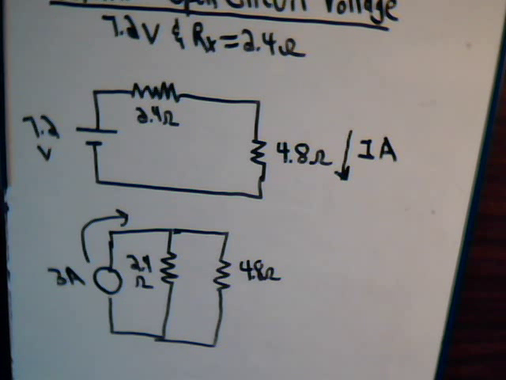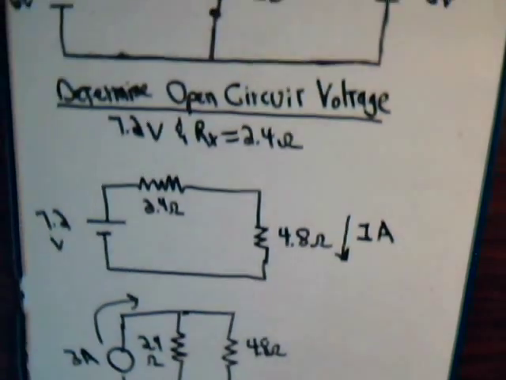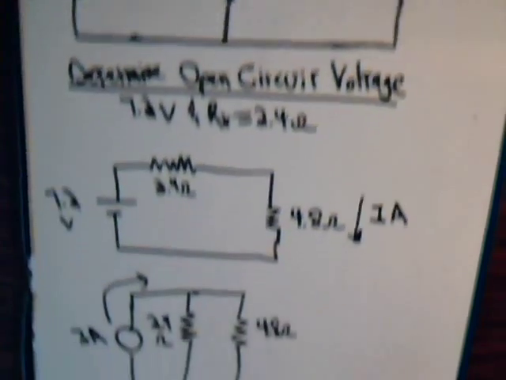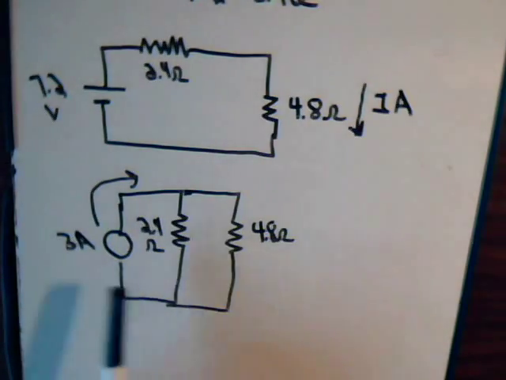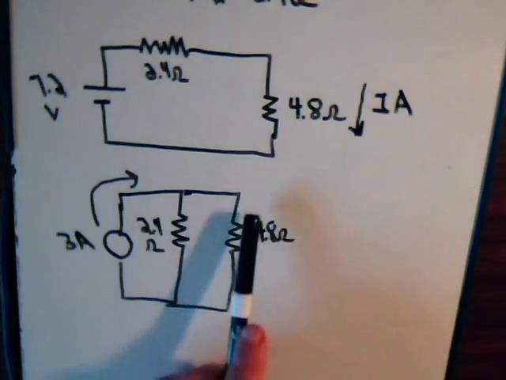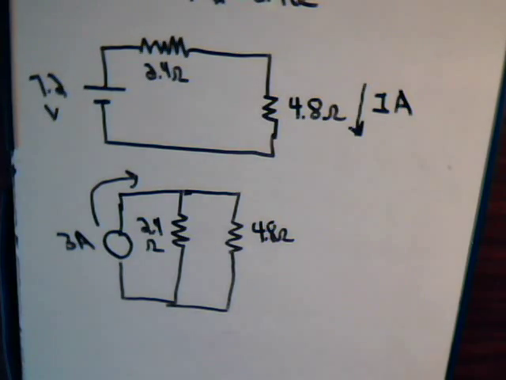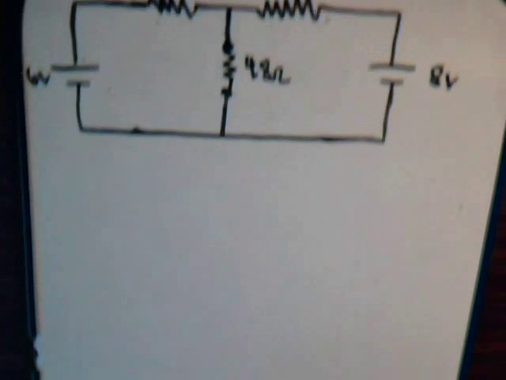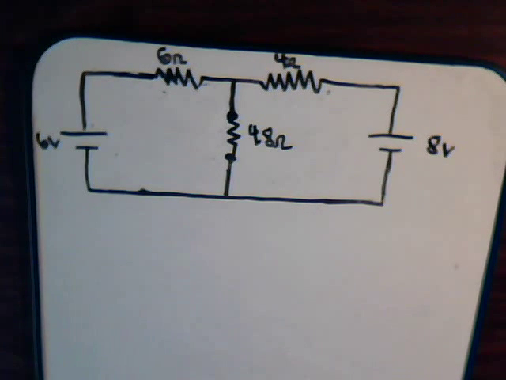Well, let's do this. Let's just start right from scratch and determine the Norton equivalent of it and see if it comes out to be the same as this, and what this current is here. So let's go back to the original circuit, and now right from square one we're going to determine its Norton equivalent.